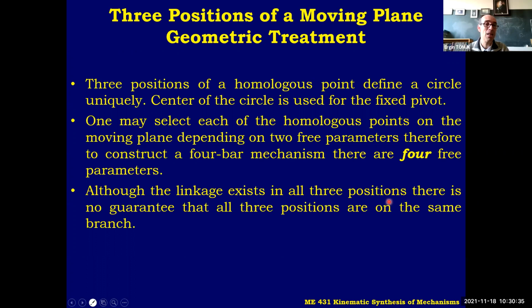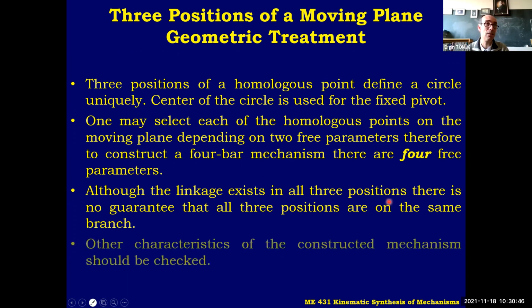The mechanism may not move to 1 or 2 of the other positions from the existing position, or it may have bad transmission angle. The link length ratios might be bad, etc. Okay, so this is something very valuable to improve the design.